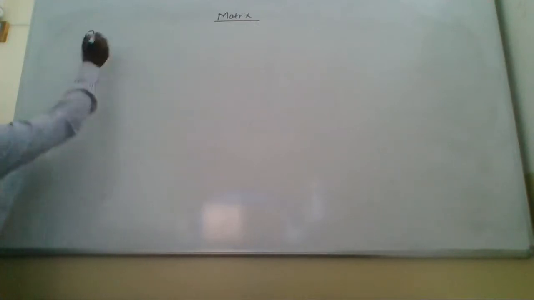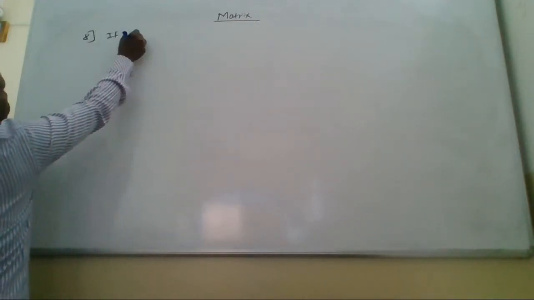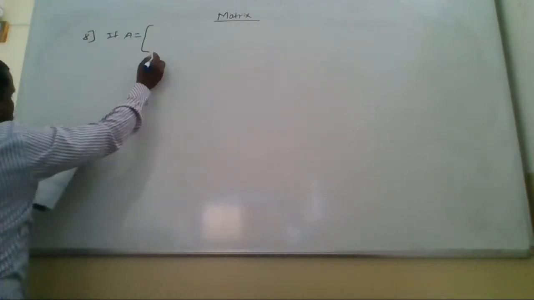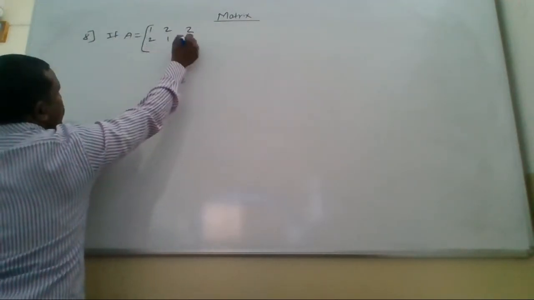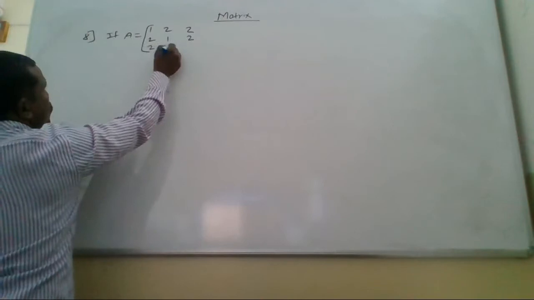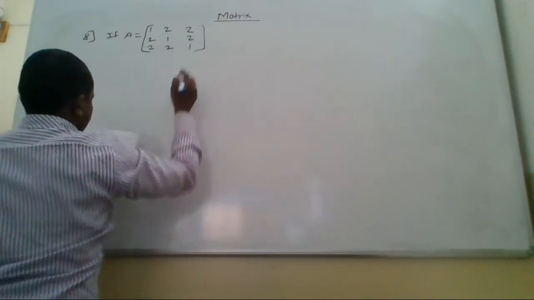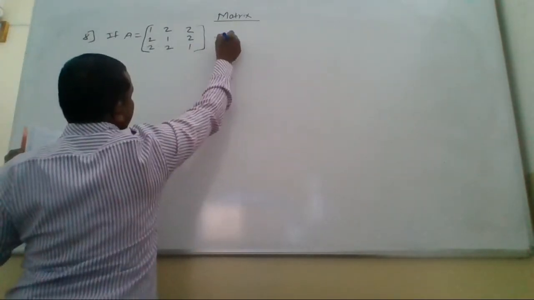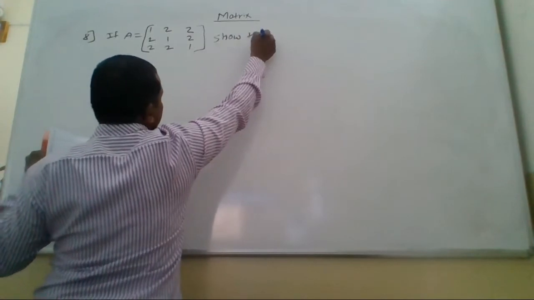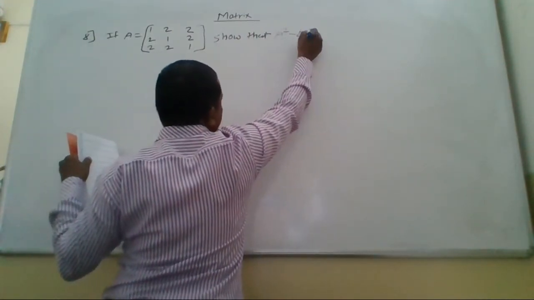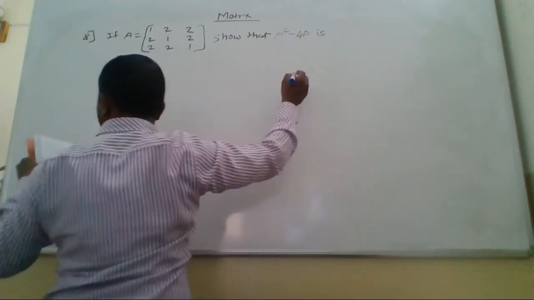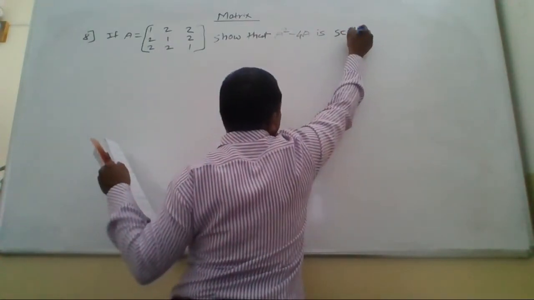If A equal to [2, 1, 2; 1, 2, 2; 2, 2, 1], show that A square minus 4A is a scalar matrix.